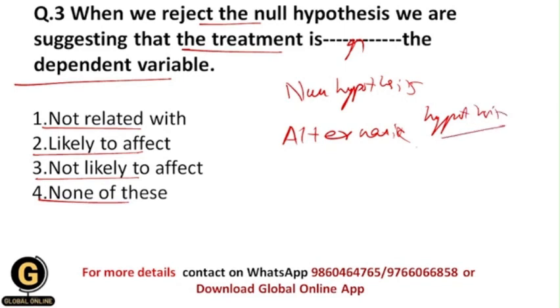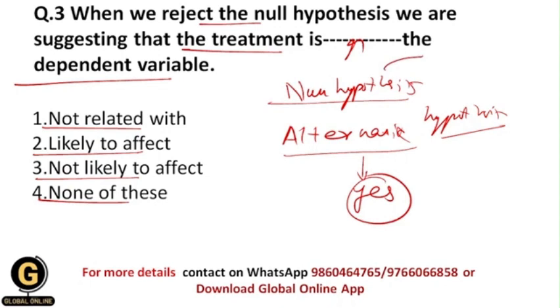Because in the alternative hypothesis we predict that there is a relationship between the two variables, but in the null hypothesis we predict that there is no relationship between the two variables under study. And that's why whenever we reject the null hypothesis, then automatically we accept the alternative hypothesis.